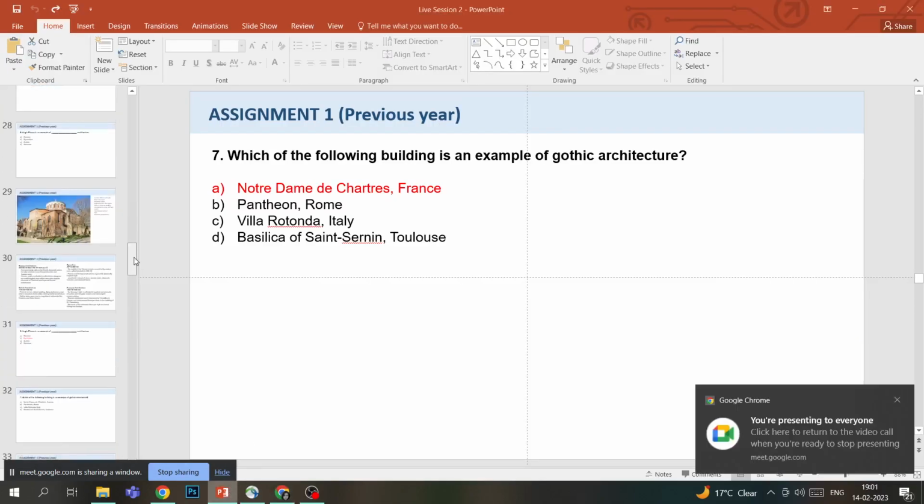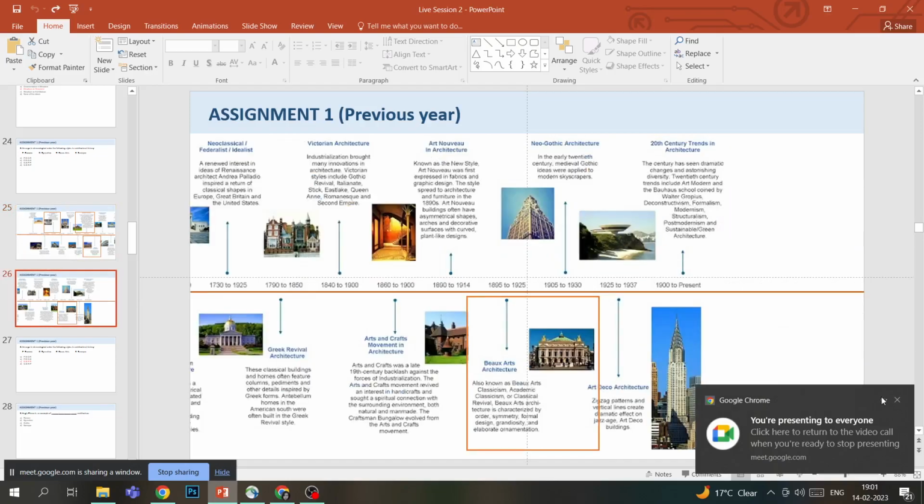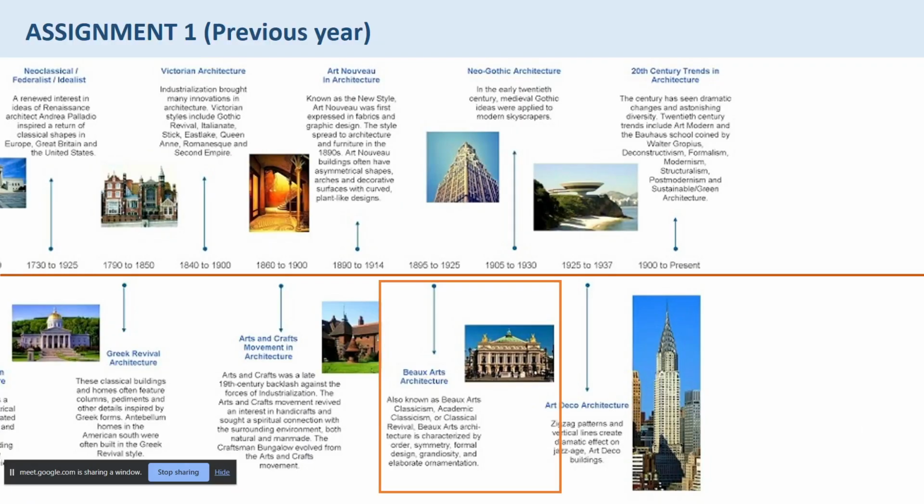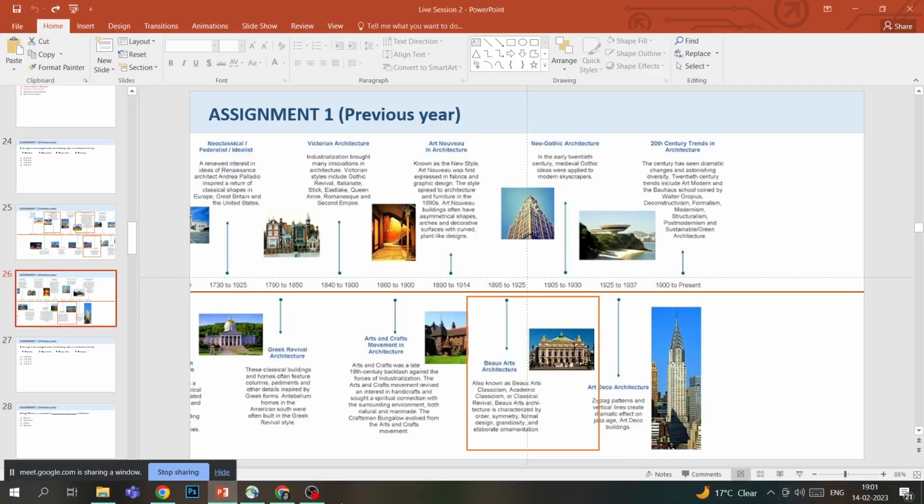Wait. You can take the picture now. I hope you've taken the picture.